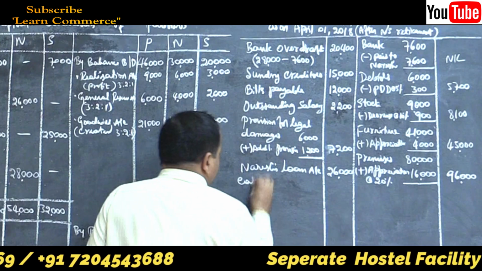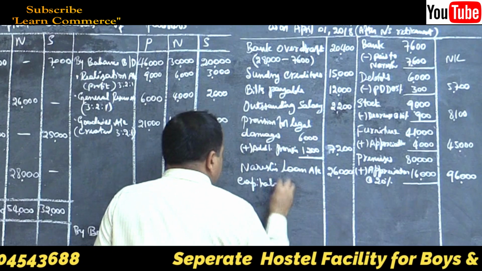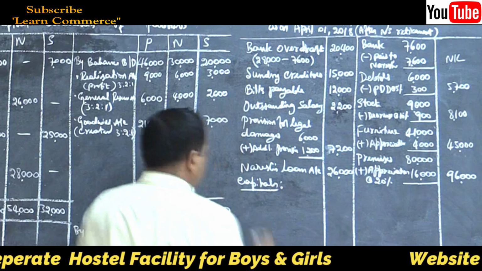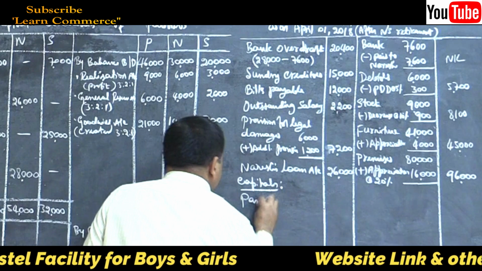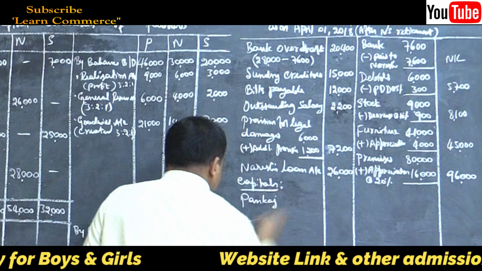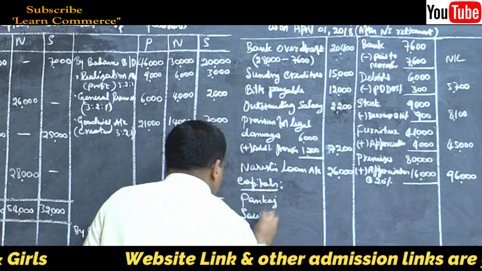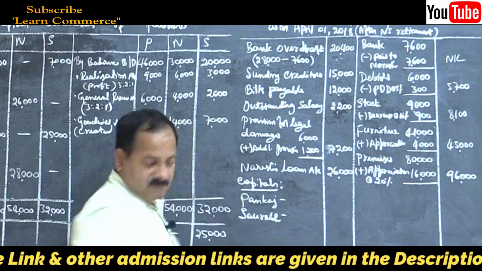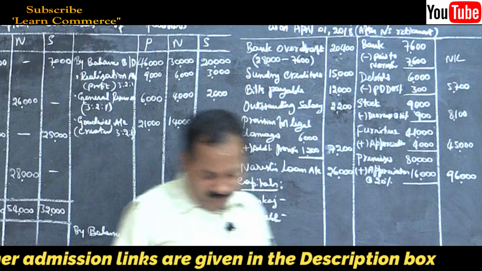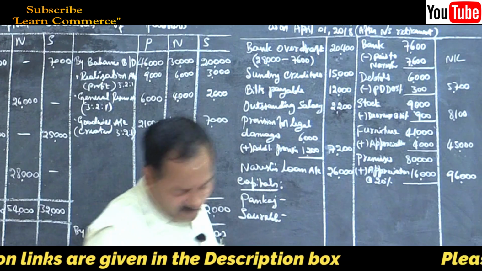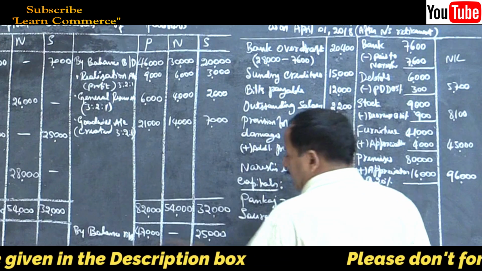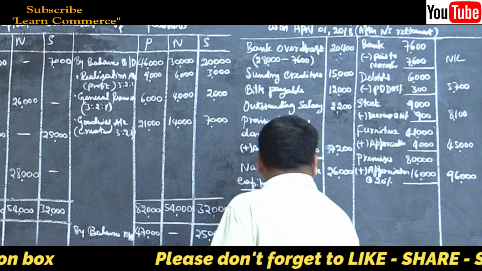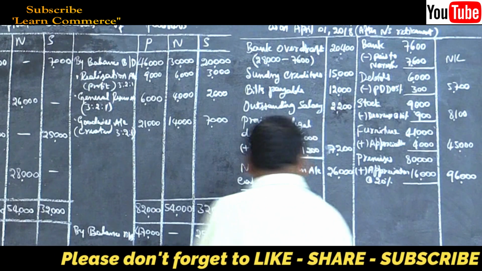So write capitals. Under that, first partner is Pankaj, isn't it? Then the other one is Saurabh. How much? Write the final balances in their capital accounts. 47,25... and 25.